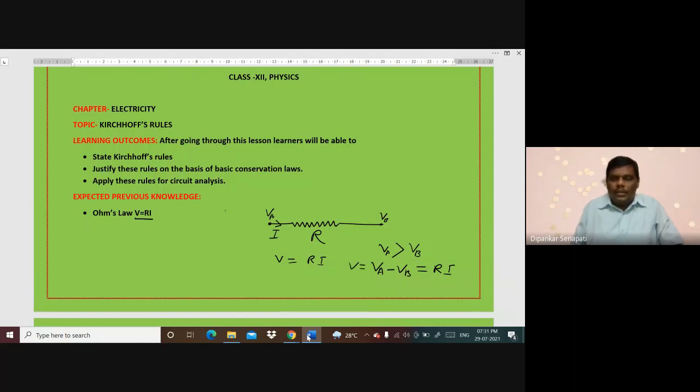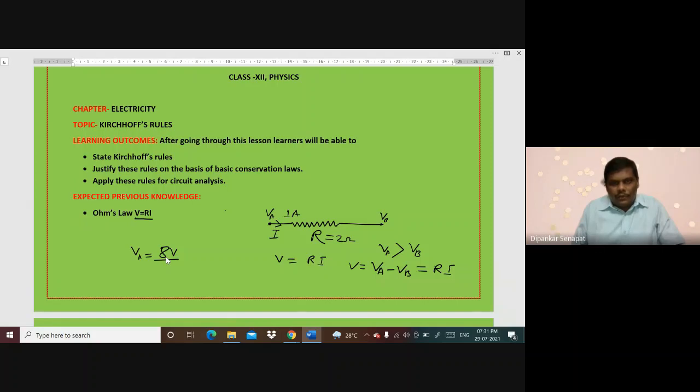Suppose there is a potential VA equal to 8 volt, and R is equal to 2 ohm, and the current is 1 ampere. Then what is the change in potential?